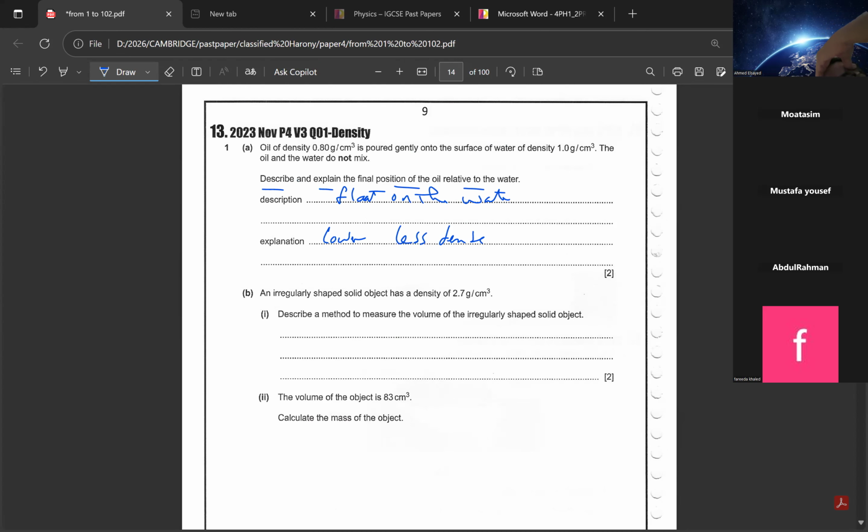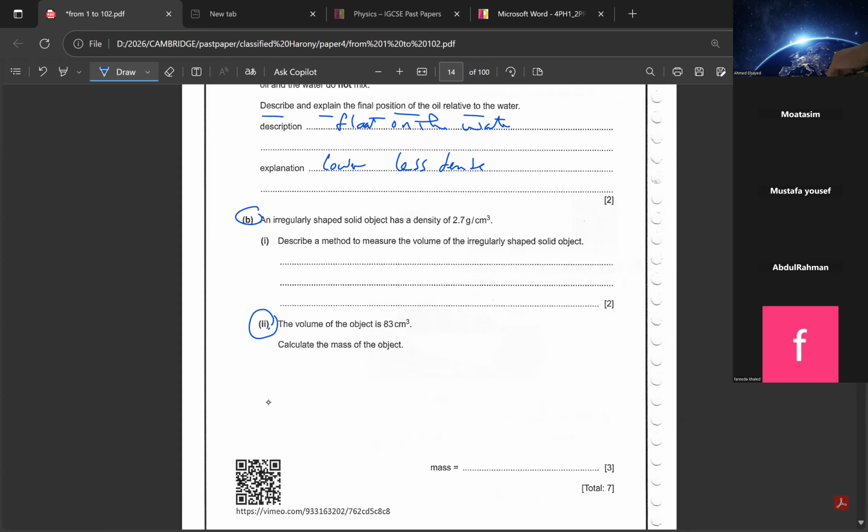Now I will ask Abdurrahman for this one. B. Mass equals volume multiplied by density. Okay, so 2.7 multiply 83. So what is the answer? 224.1. So what is the unit, kilogram?